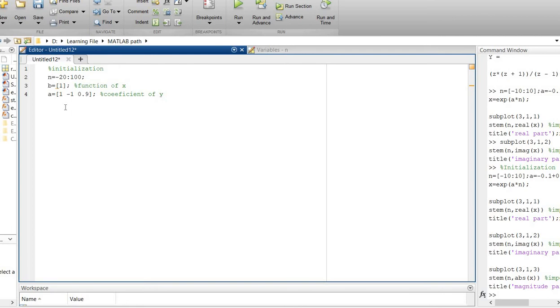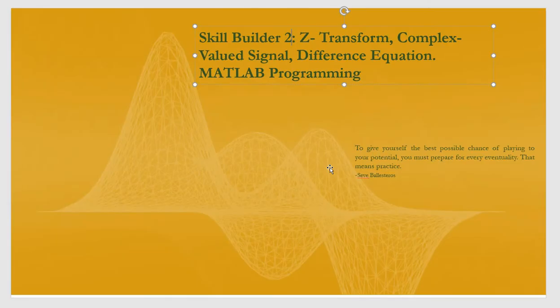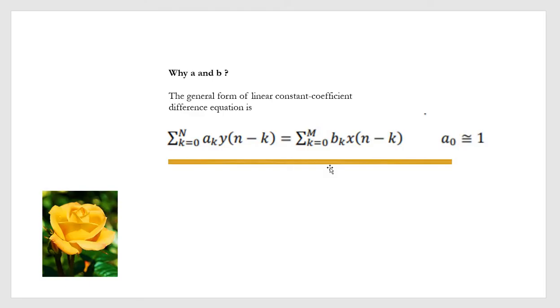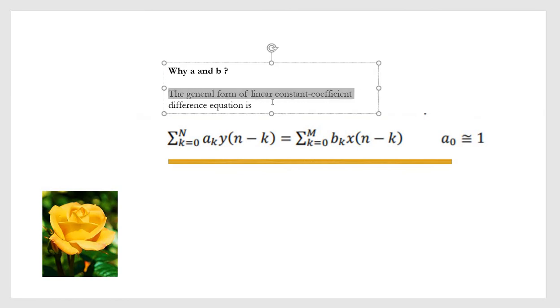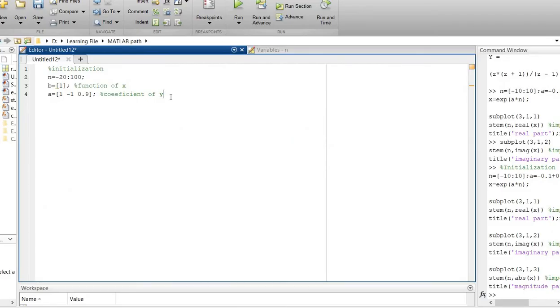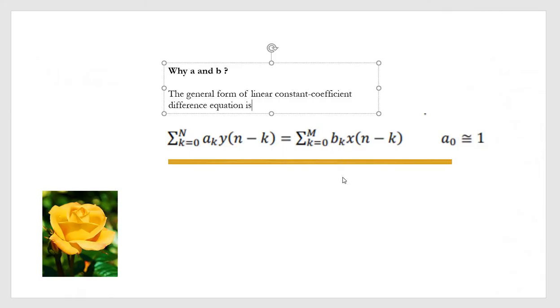Okay, so to further understand this, I've made some presentation with regards to this one. So y, a, and b, because the general form of the linear constant coefficient difference equation is this one. So as you can see, a stands for the y, so that's why we've chosen this one. Okay, and the b is for x.